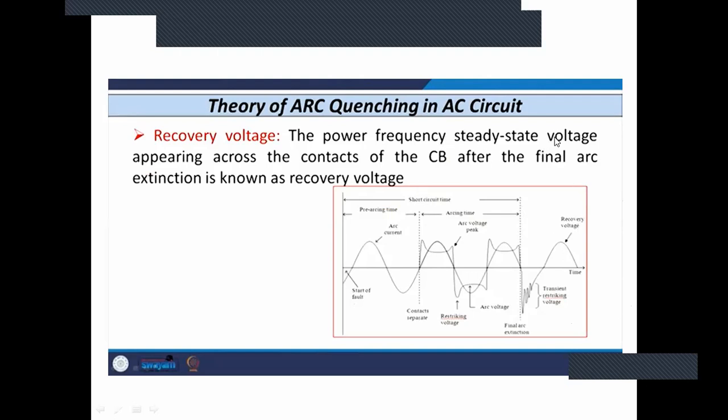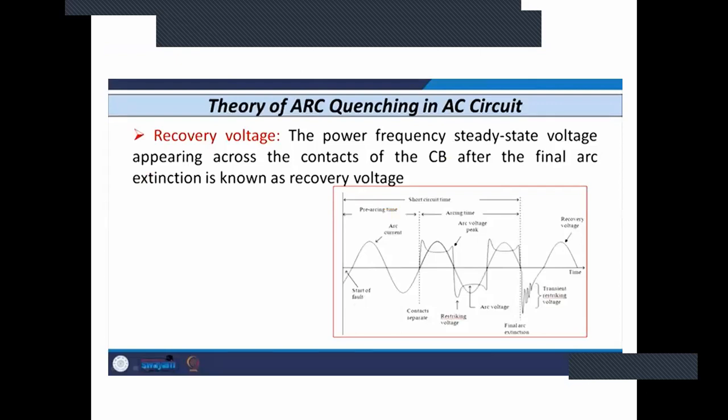This is actually the steady state condition. Before the steady state we have the transient condition. So this TRV is the transient state, and the recovery voltage is the steady state condition of the voltage after the arc is quenched.